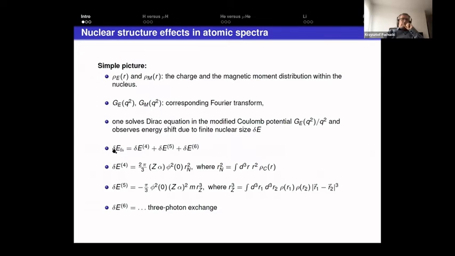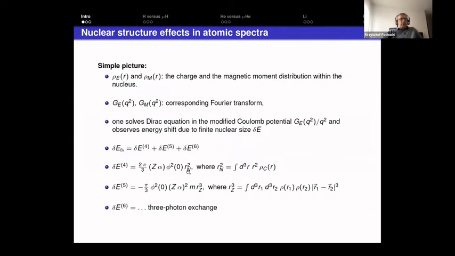We perform an expansion in Z alpha. The leading term is E4, meaning Z alpha to the power 4, E5 means Z alpha to the power 5, E6, Z alpha to the power 6. In the leading order, the energy shift is proportional to the mean square charge radius of the nucleus.